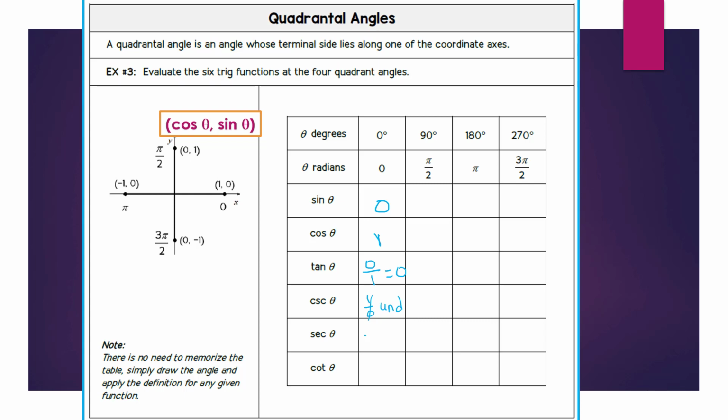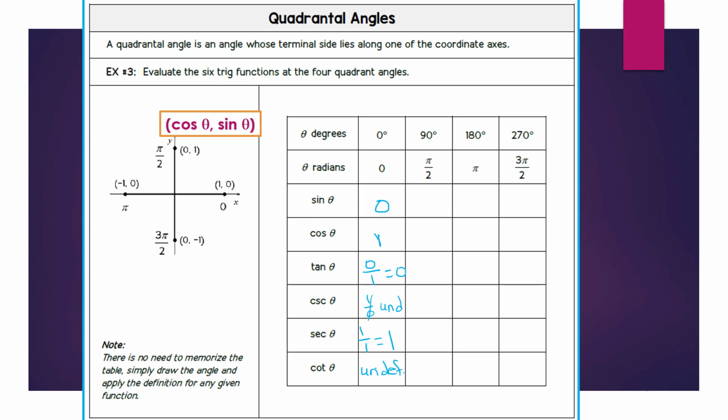All right, secant of 0 is the reciprocal of cosine, so it's just going to be 1 over 1. All right, so just 1. And cotangent of 0 is the reciprocal of tangent, so again we get 1 over 0, or undefined. All right, so that's it for 0, right?